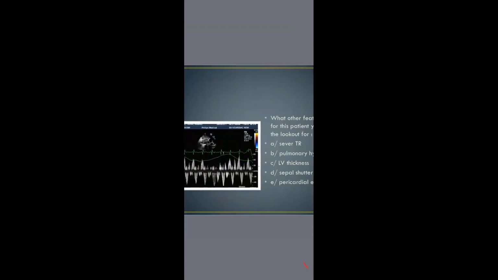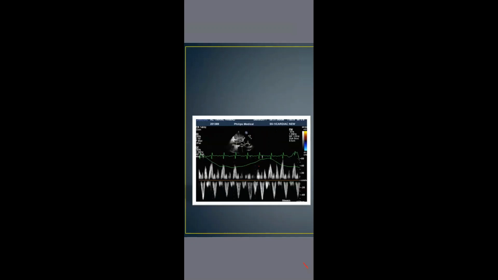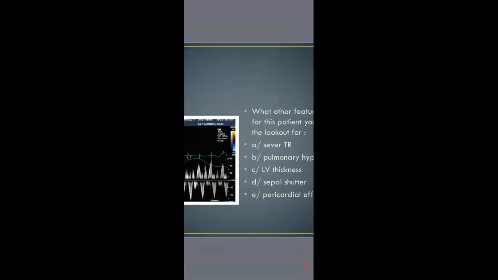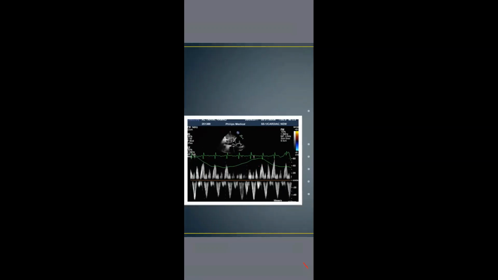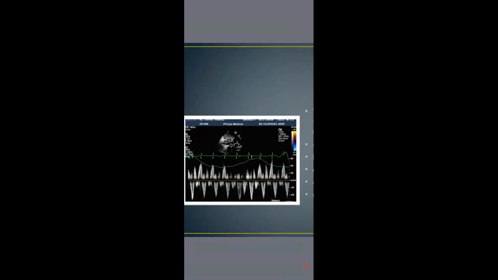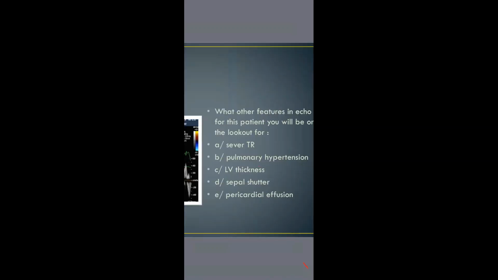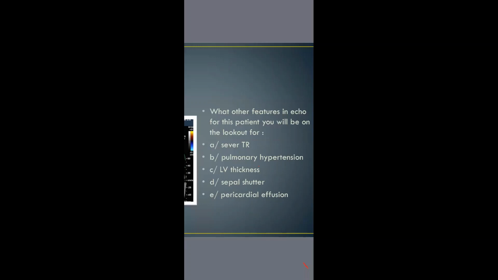Now look at this hepatic venous Doppler tracing with respirometer. What other echo features can be elicited in this patient?